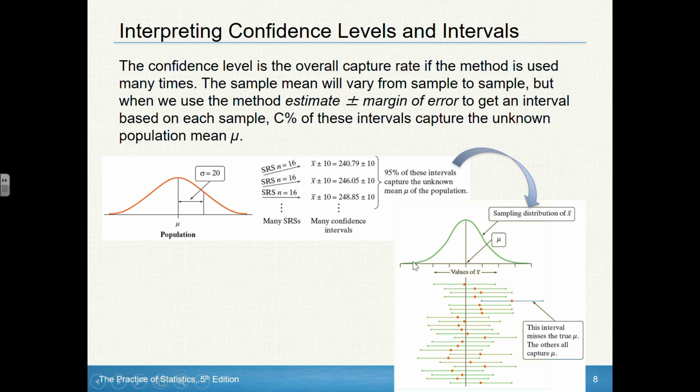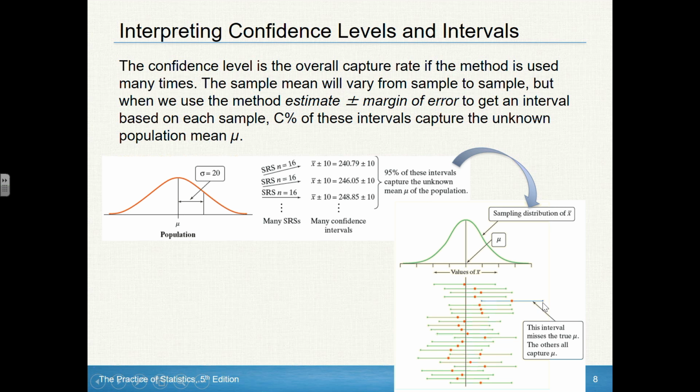And if you look at this here, let's say this green distribution is the true population distribution. And each one of these individual bars down below represents a different confidence interval. I believe there's 25 of them constructed. And as you see, all but one of them extend to the true mean mu, this vertical black line there.